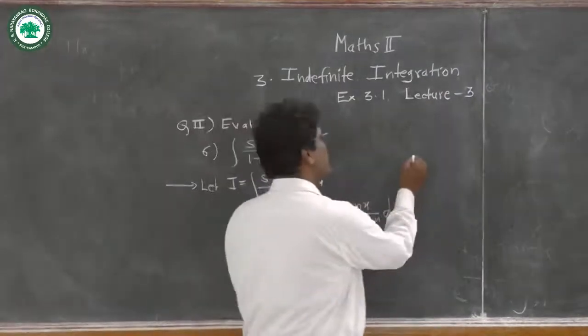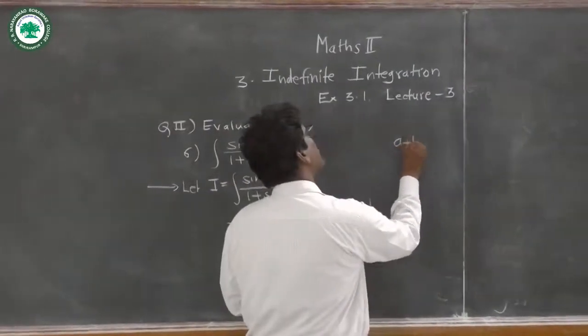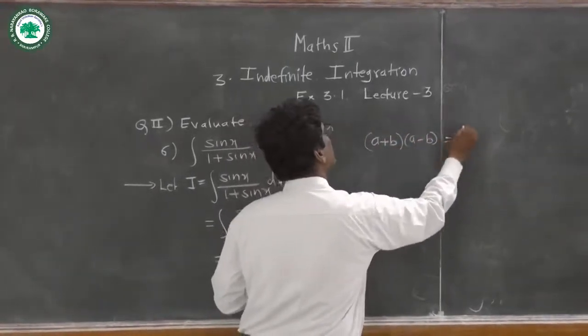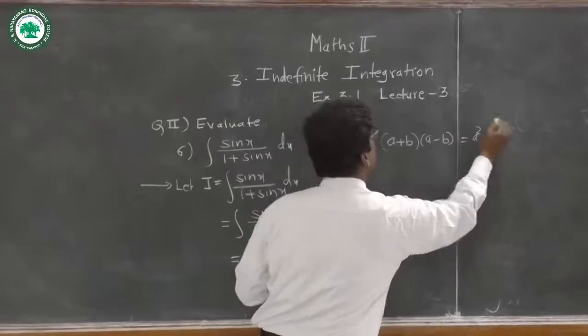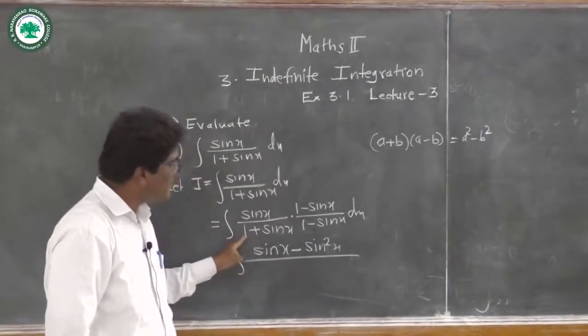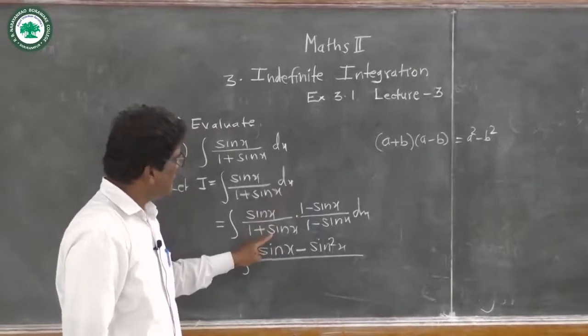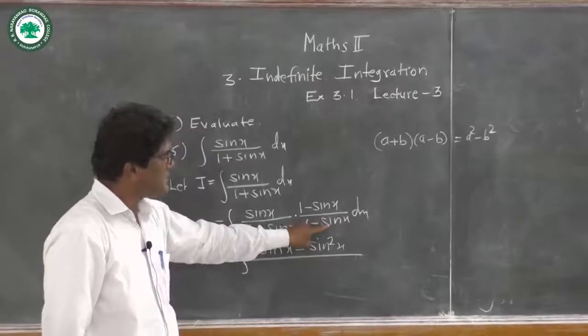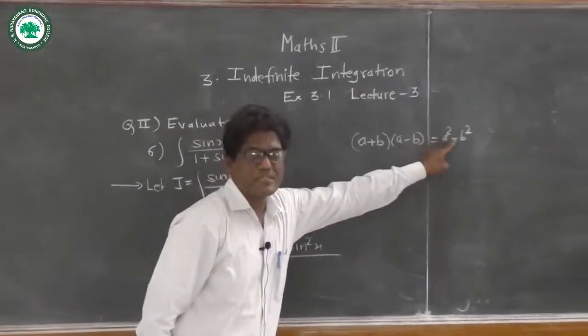Now we use the formula a plus b into a minus b is equal to a square minus b square. Using the same formula, here a is 1 and b is sin x.